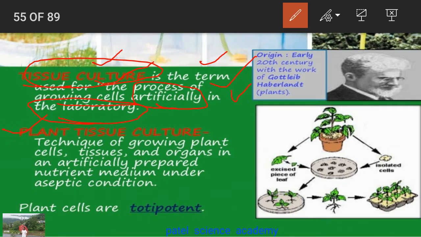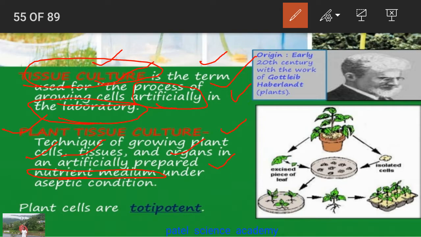Plant tissue culture is the technique of growing plant cells, tissues or organs in an artificially prepared nutrient medium. The cell you have collected has to be given an artificially prepared nutrient medium.